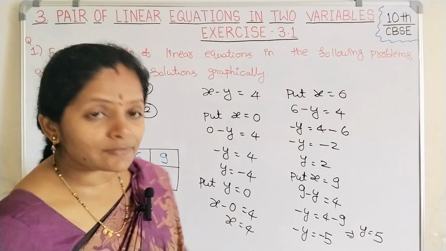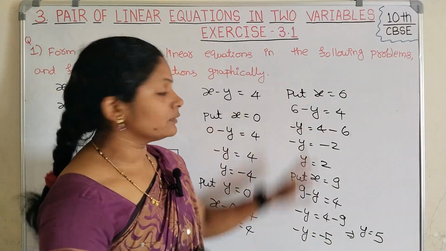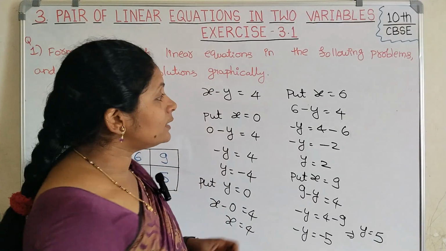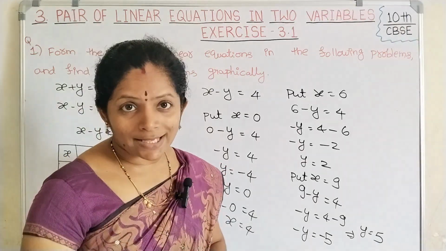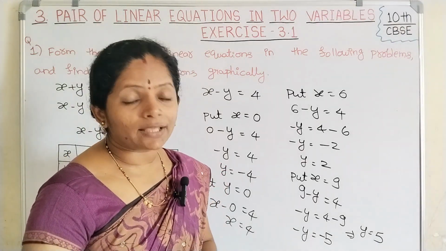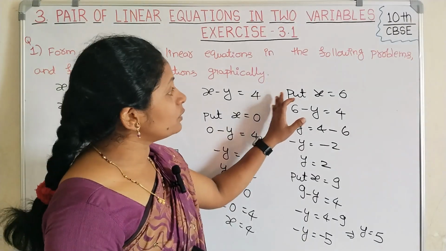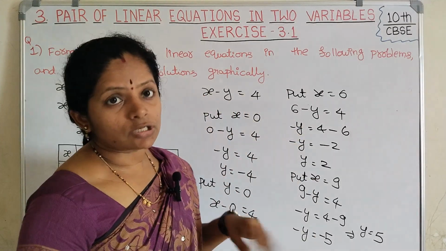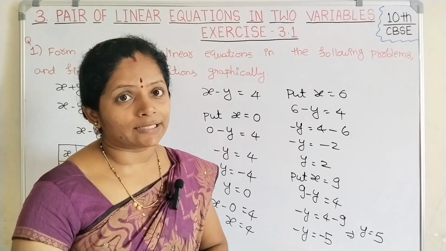It is not necessary that you take these same values. It is your choice what value to take for x and for y. If you substitute any one value in the equation, you will get the other value automatically.